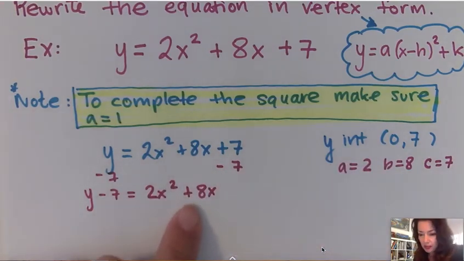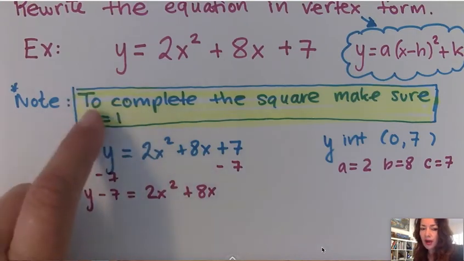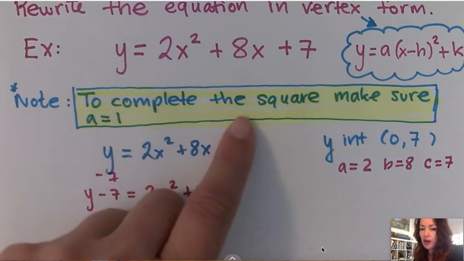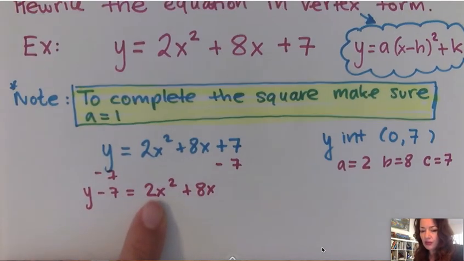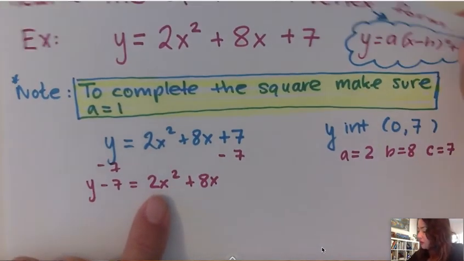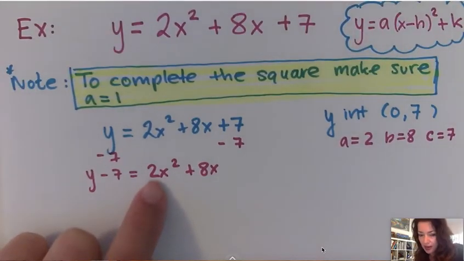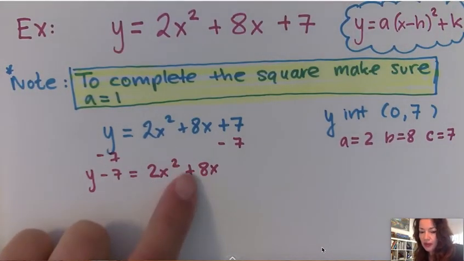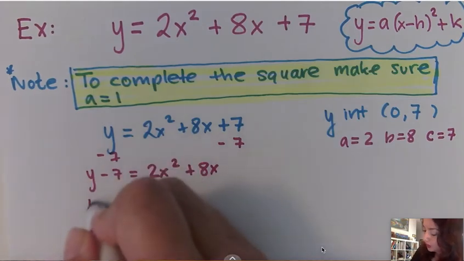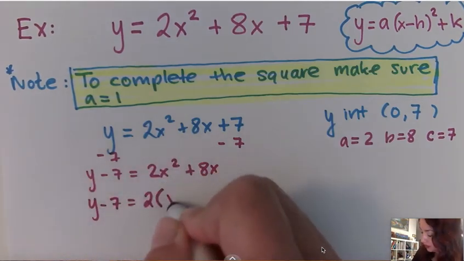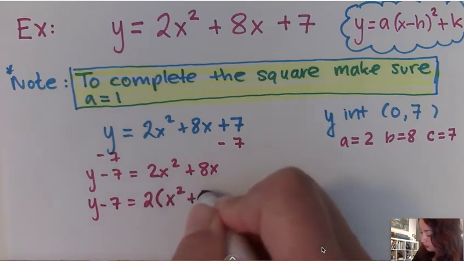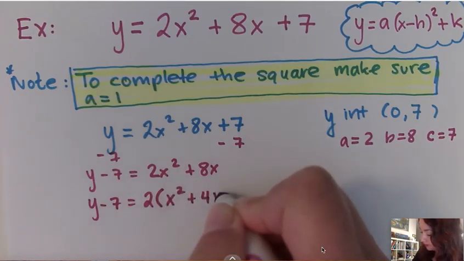Before I complete the square, it's really important, and I highlighted here, to make sure the a value is 1. Well, right now our a value is 2. So what we can do is factor out this 2 from this binomial. Doing that, we would have 2 times (x squared plus 4x).